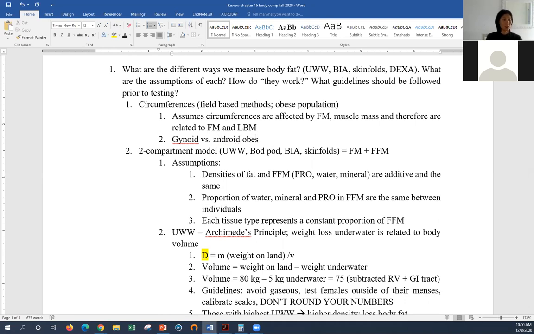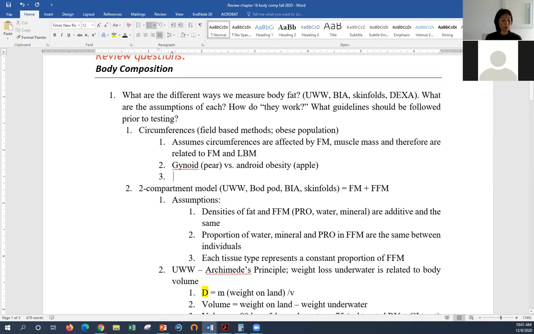Android obesity, which is the apple shape, is associated with a higher risk of cardiovascular disease. Gynoid is the pear-shaped body, which is associated with a lower risk of cardiovascular disease.